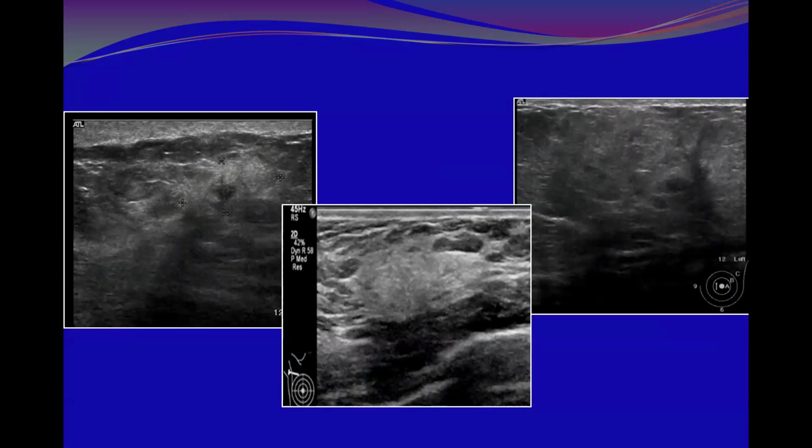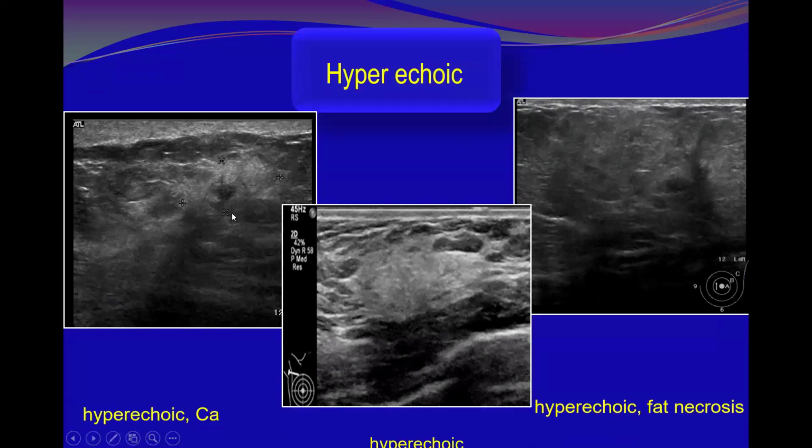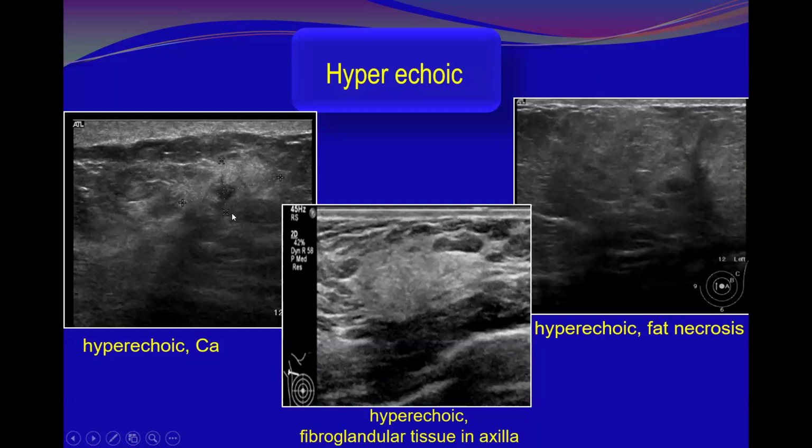If we look at these examples here, although this is fibroglandular tissue in an ectopic breast in the axilla, these hyperechoic lesions are both my patients. In these examples, fat necrosis, while this case was invasive cancer. Can you see the central hypoechoic needles?